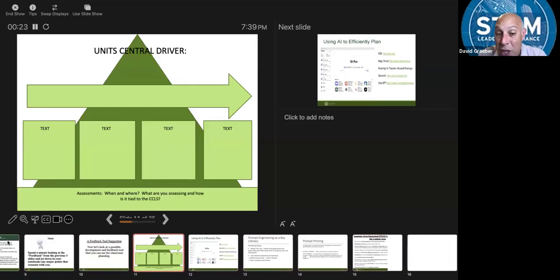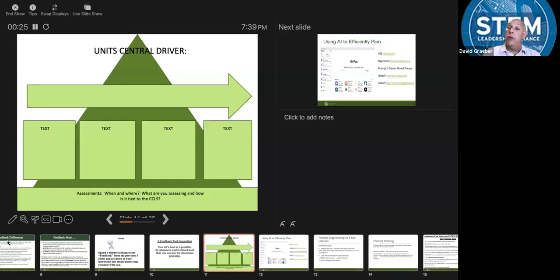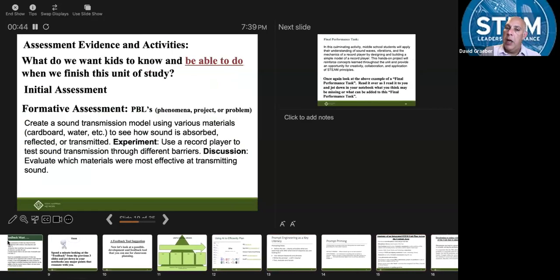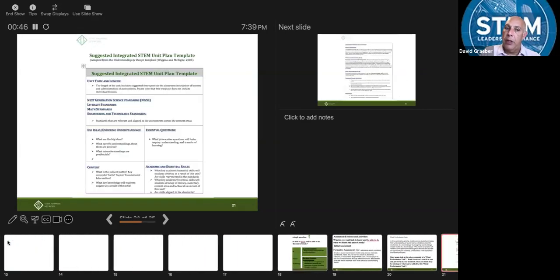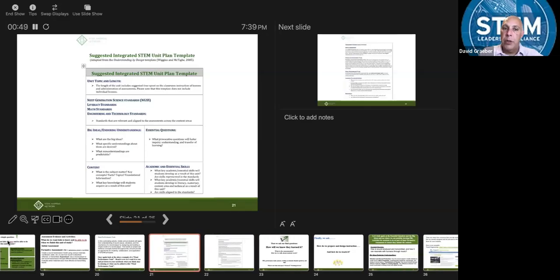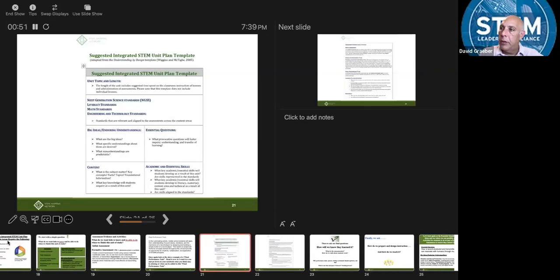Really, this is an entry tool for folks who aren't experts. What are the three pieces? The central driver, the texts that are going to support students' understanding, and the assessments that are going to help teachers drive changes in the instruction throughout the unit and help us understand what kids know and don't know. Right? And all of that plays out into this template.